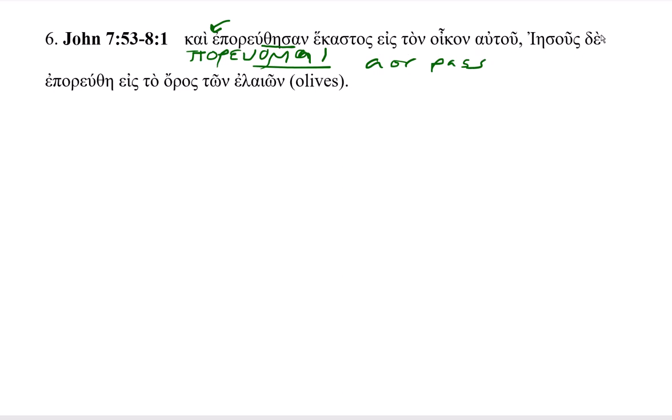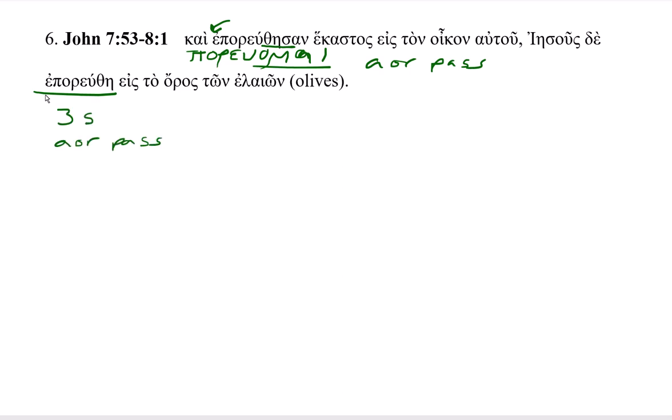Iesous de, so we have the postpositive de, probably but here, maybe and Jesus, or but Jesus, eporeuthe. And here we have another aorist passive from the same verb, from poreuomai. And this is a third singular, and it's also aorist passive.